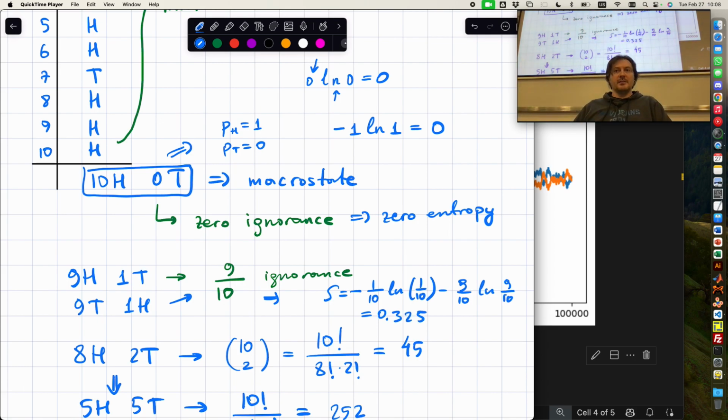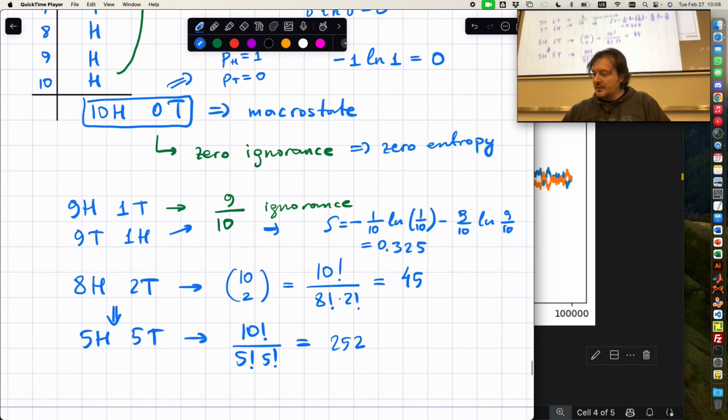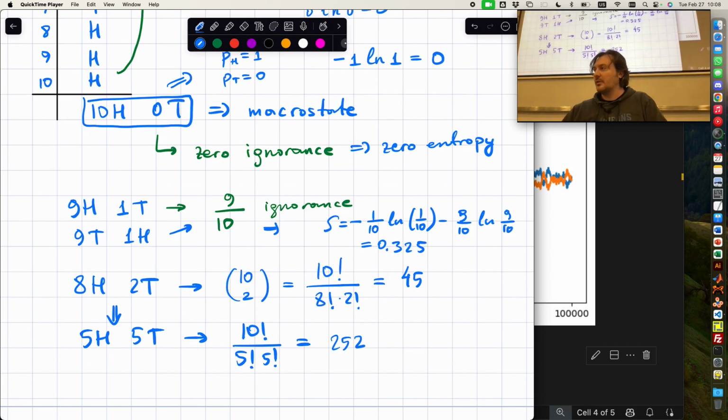So entropy has increased, right? And our ignorance also increased. Remember? 5 heads, 5 tails. Yes. I always think that you have a question when you do that. For this one, it comes out at 0.6931. Precisely the natural logarithm of 2. It's also my son's school number.